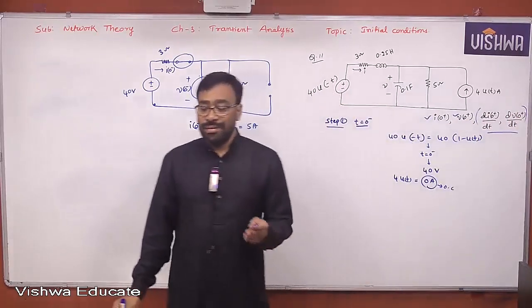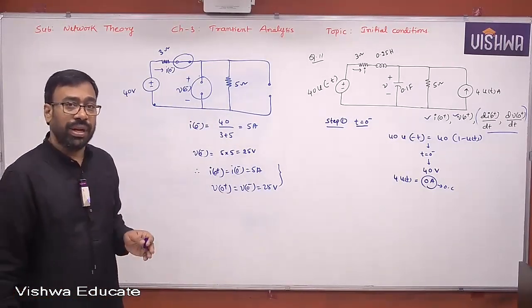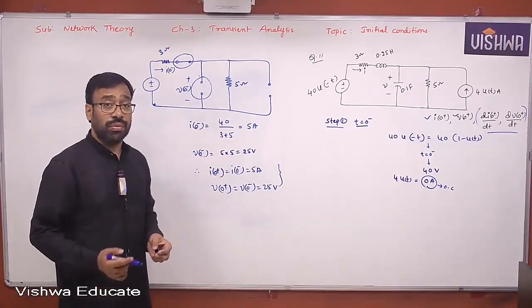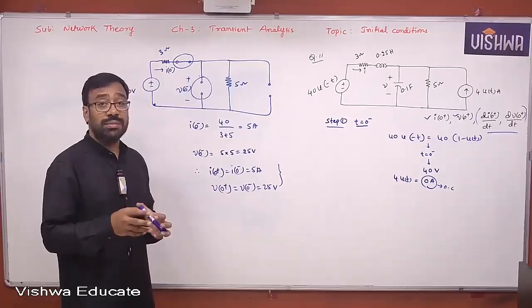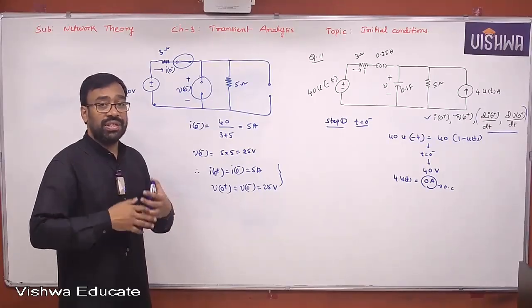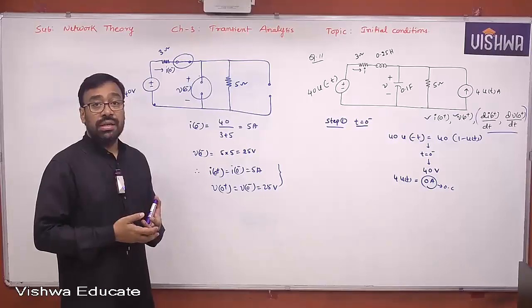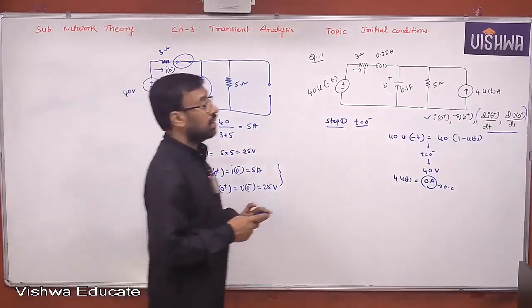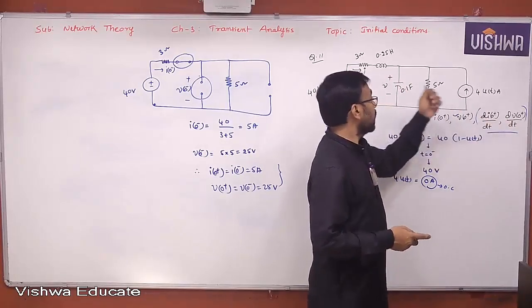Whenever the initial conditions of derivative terms are required to be determined, usually according to our three-step approach, you remember all of you, we used to consider the third step. But I told you already, in the third step, the difficulty is that obtaining the differential equation in terms of the desired quantities itself is a difficult task. That is why I told you a simple method, particularly for di by dt, where I is the current through the inductor, and dv by dt, where v is the voltage across the capacitor.